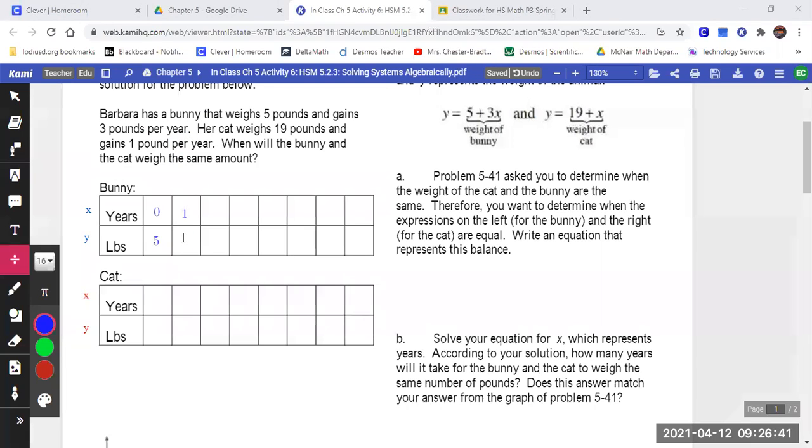Bunny now weighs 8 because we said it was a growth of 3. Okay, year 2. What now for the bunny?